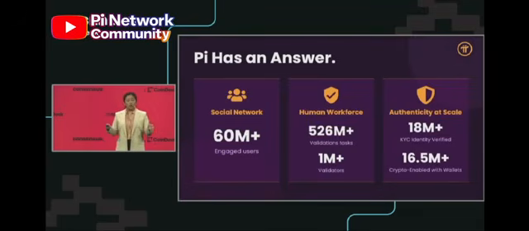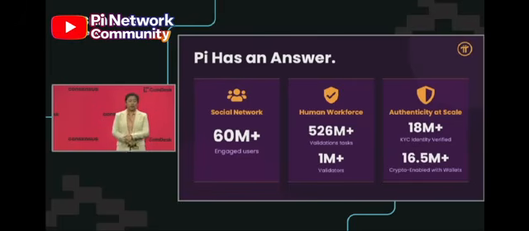For all these three aspects, users, data inputs, and authentic participation, Pi has an answer for all of them. As mentioned, Pi is a social network of over 60 million engaged mobile users.